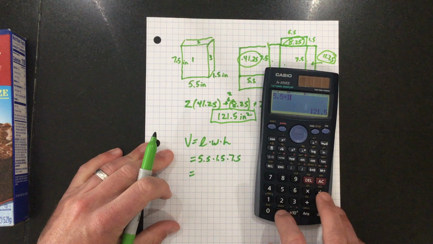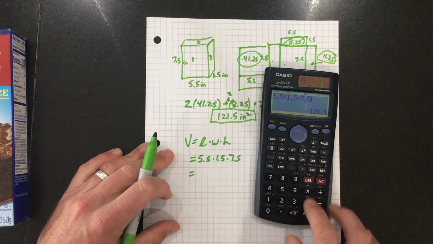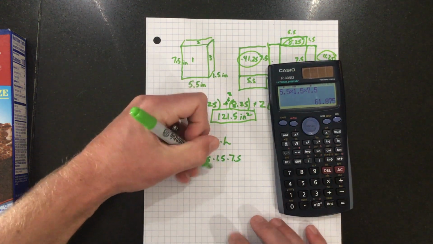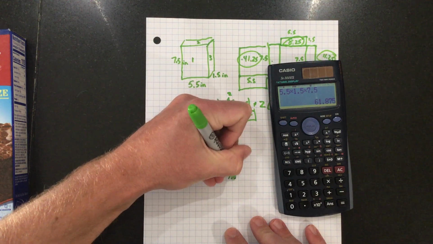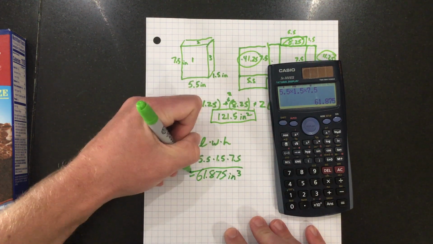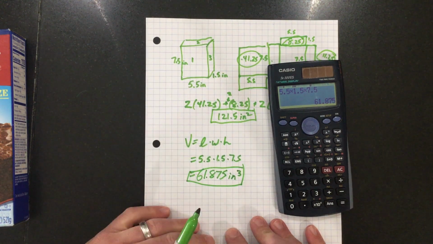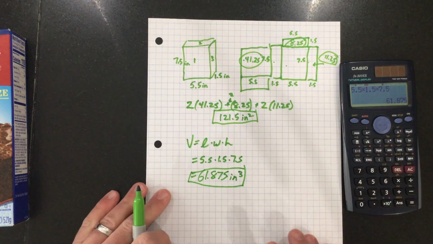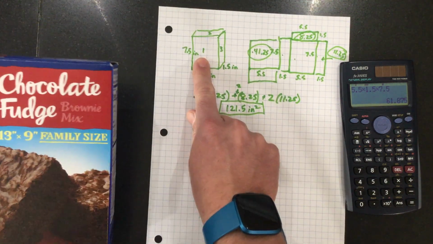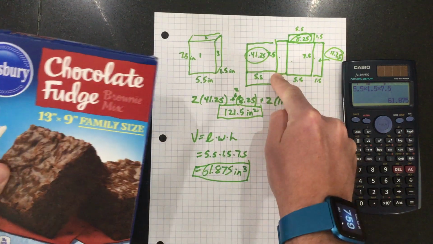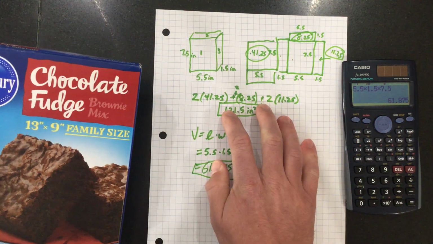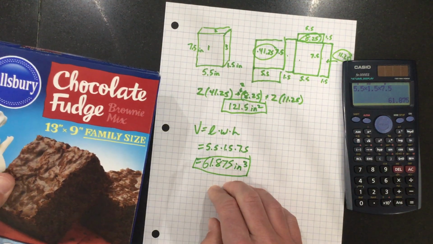And we have 61.875 inches cubed, because volume is cubed. So that's roughly what I'm looking for. You find an object, you draw a 3D model of it, you then measure it so we can put some numbers, convert it to 2D, find the surface area, find the volume.